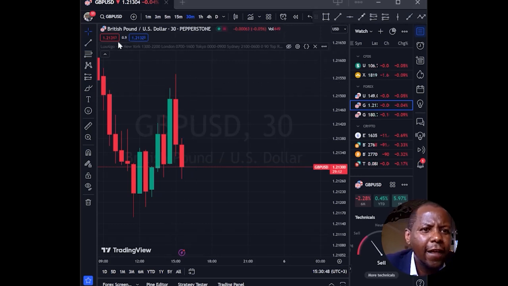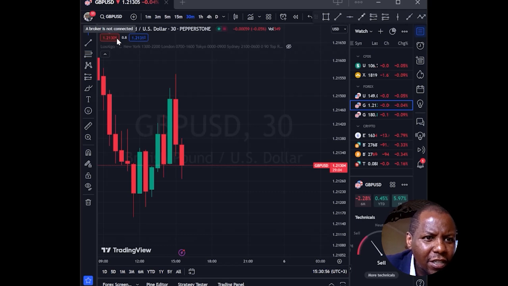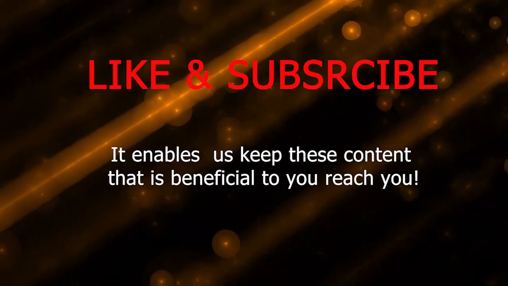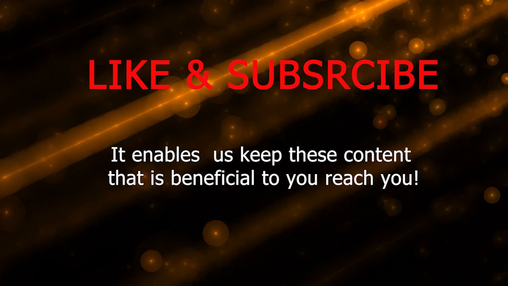I think you can. If you look at the digits here, we're looking at 1.2130. There's another number, another digit here, small digit that is still moving there. That's a pipette. And when that one pipette goes from 1 to 9, it moves the pip. So that's a more minute, but we don't consider that when we're trading. What we consider is the pips.